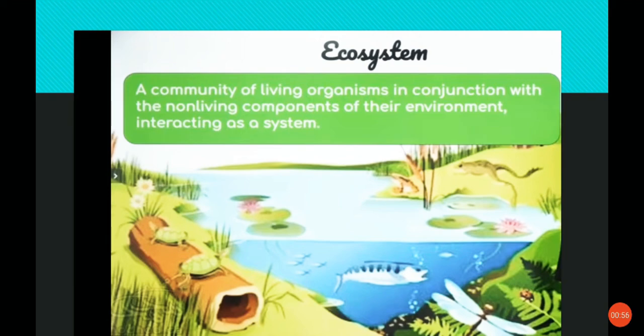Living organisms, you all know, are you and me, humans, and other plants and animals. Non-living components means what? Like soil, water, air. So the interaction between living organisms and non-living components is called an ecosystem.